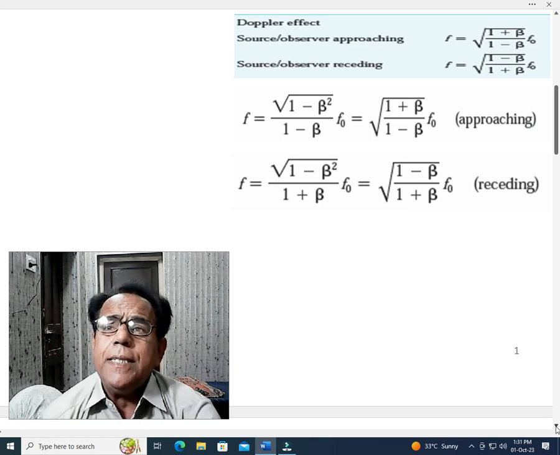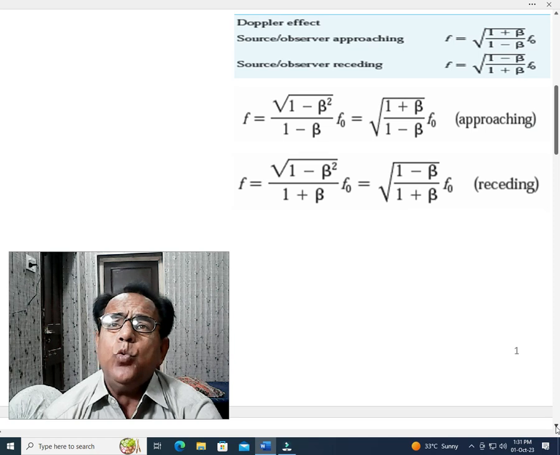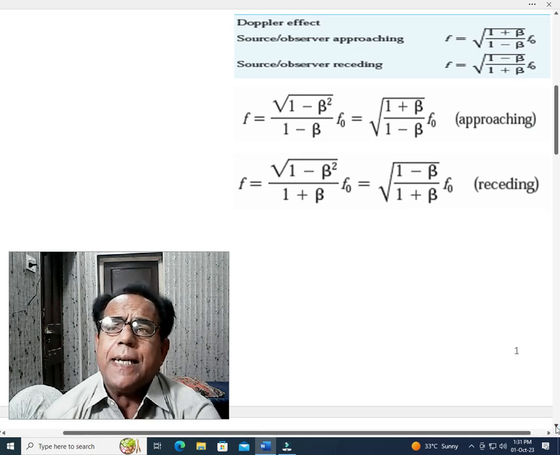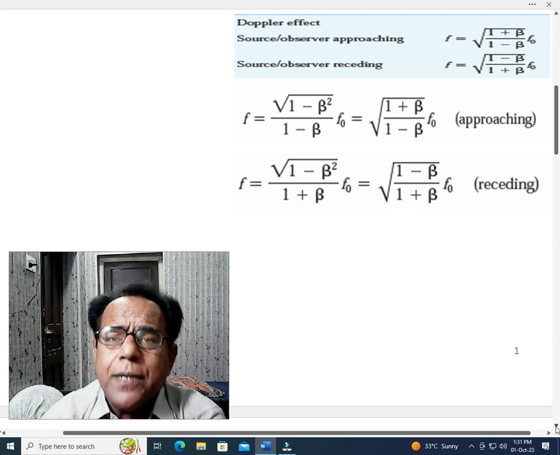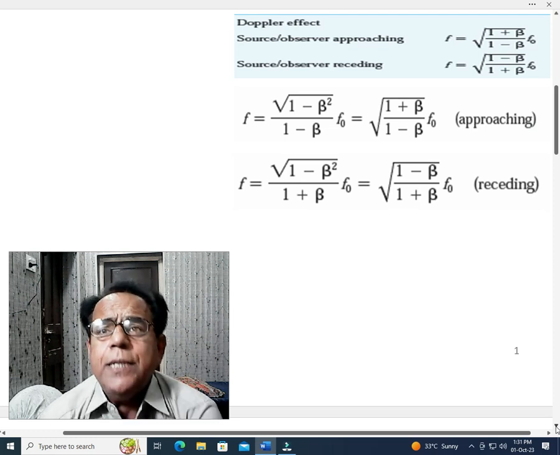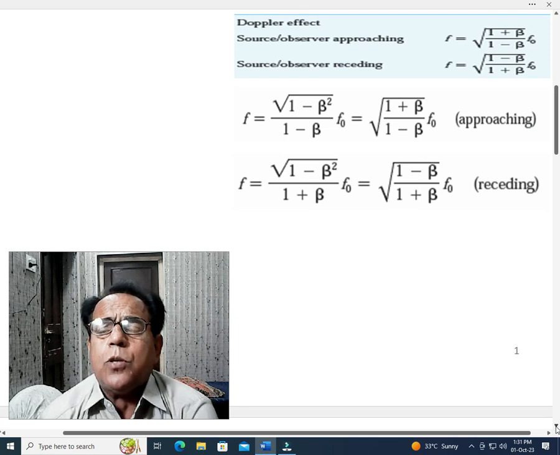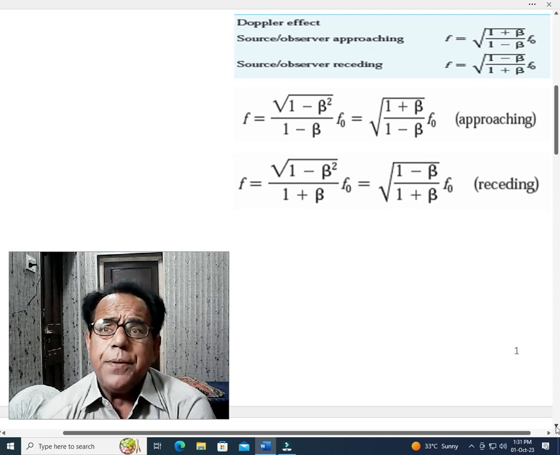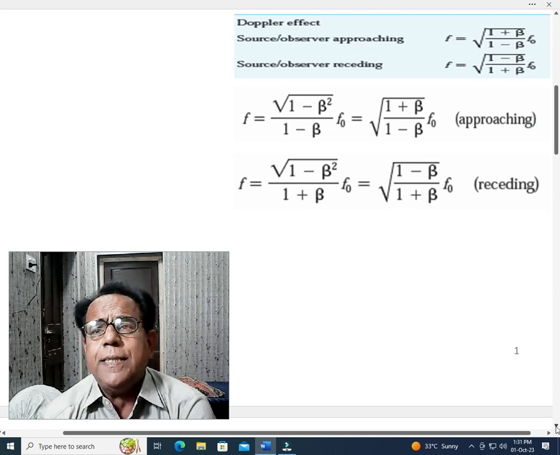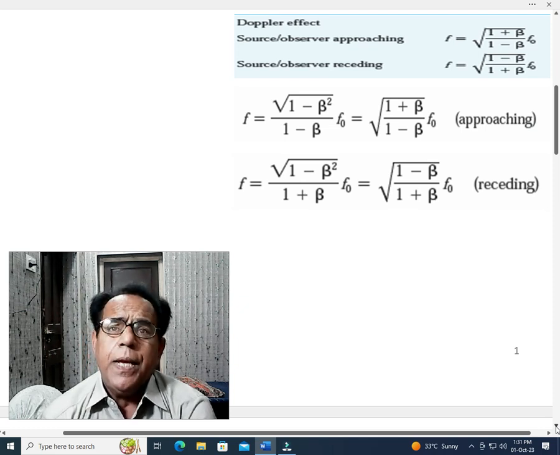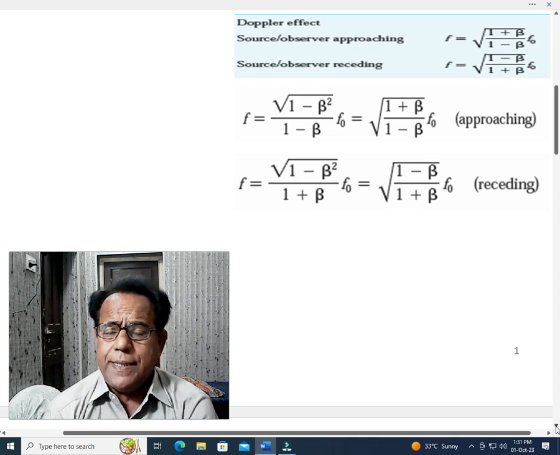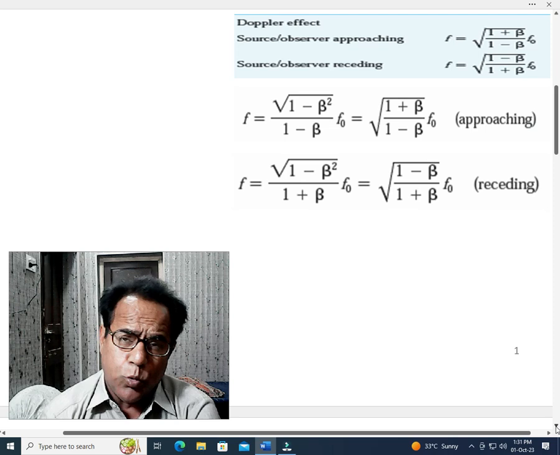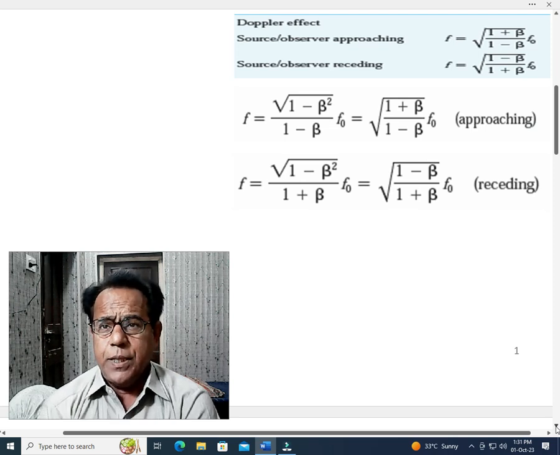Now these two cases have been taken separately. f is equal to √(1−β²)/(1−β) × f₀. This becomes equal to √((1+β)/(1−β)) × f₀. This is the case of approaching, because we know that a² − b² is equal to (a+b)(a−b).